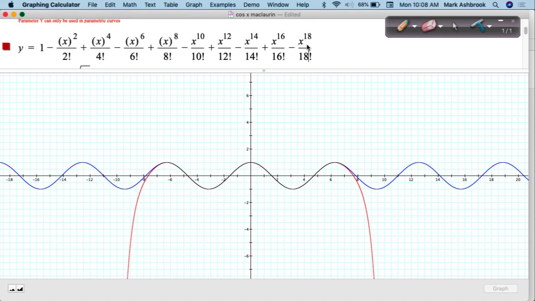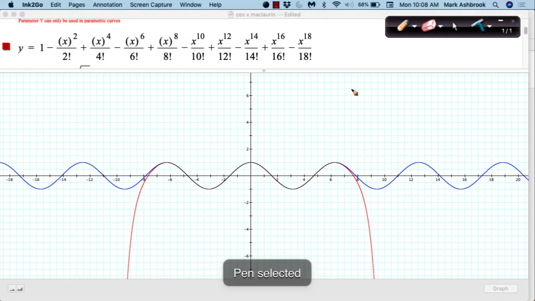All right. So we're going to do the Taylor series for ln of 2x centered at x equals 3.